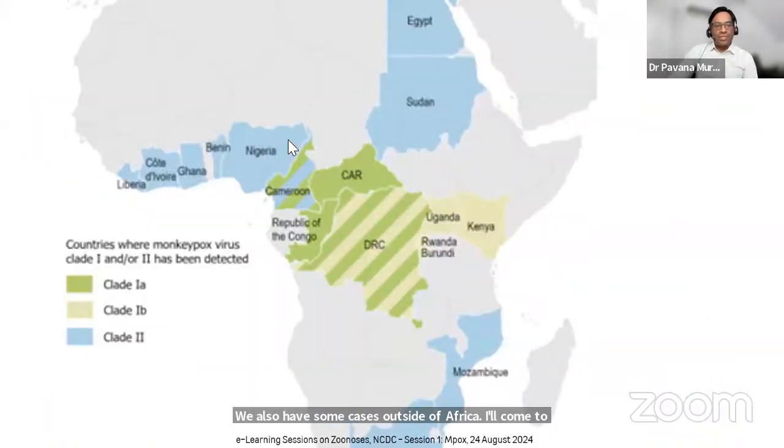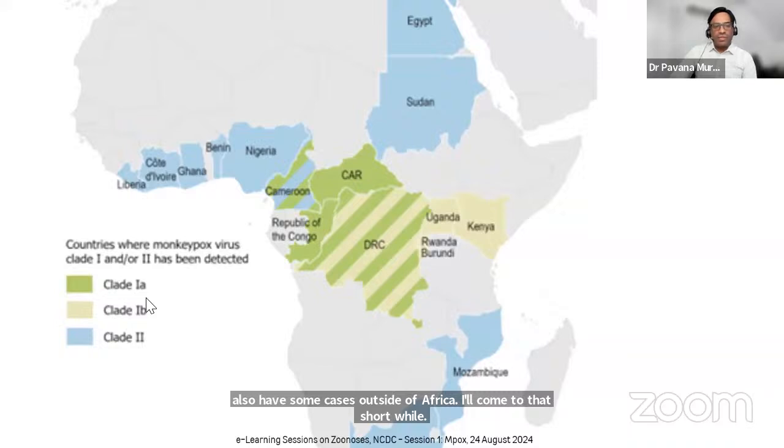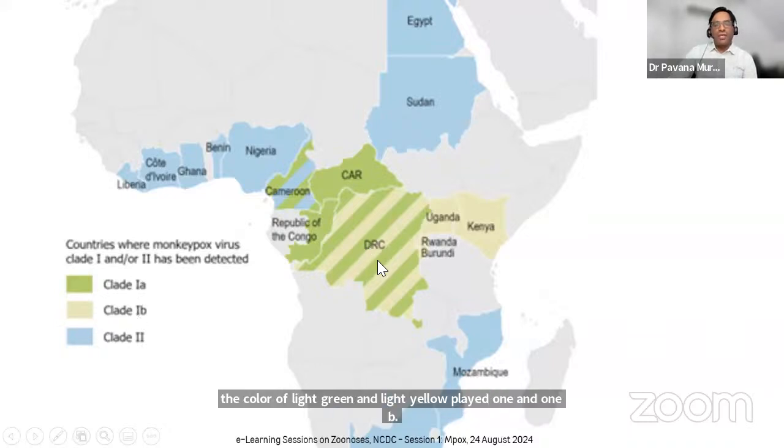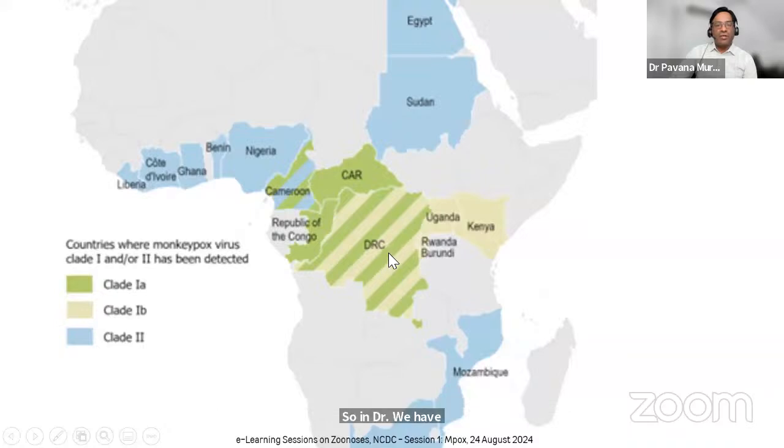Now, this is how the clades are spread. You can see the light green and light yellow, clade 1 and 1B. In DRC, we have a mixed picture of both clade 1A and 1B. You can see 1B from the eastern part of DRC going into Uganda, Kenya, Rwanda, and Burundi.